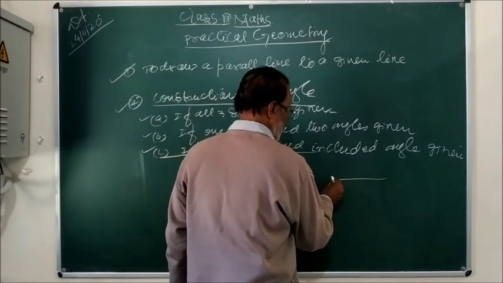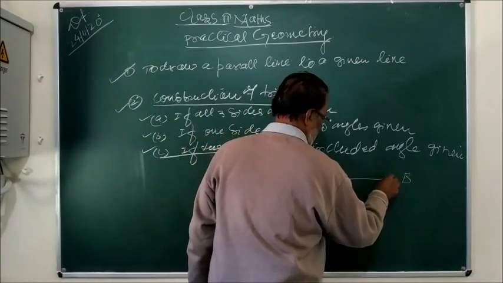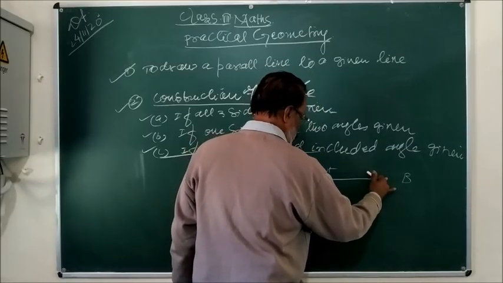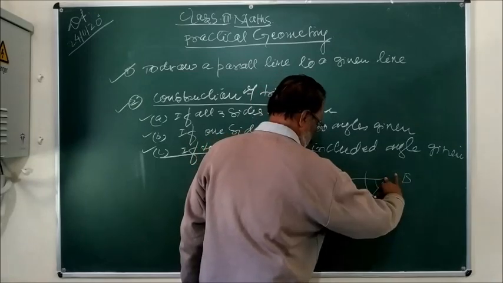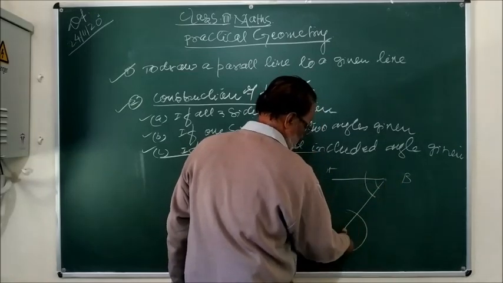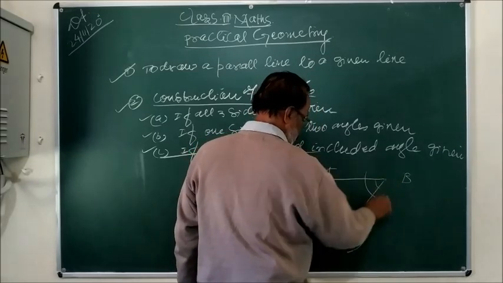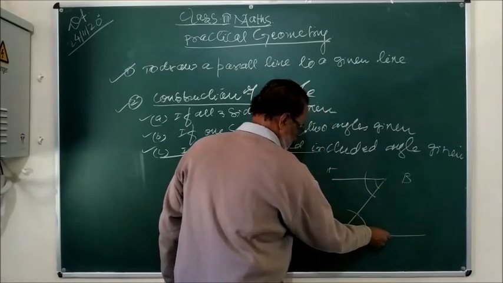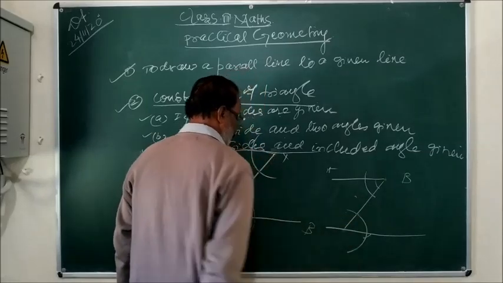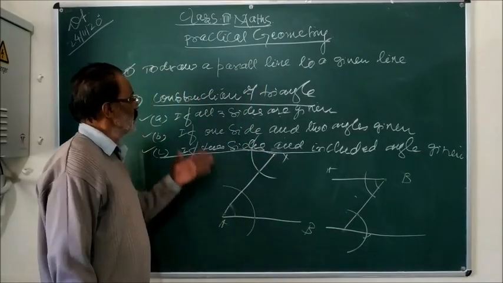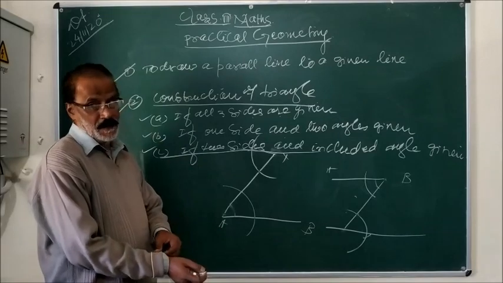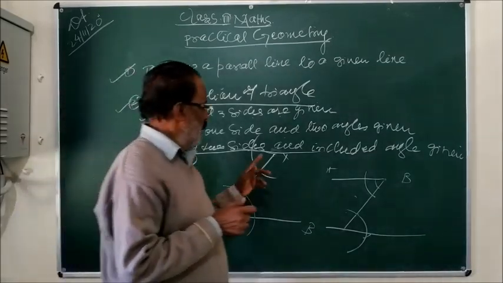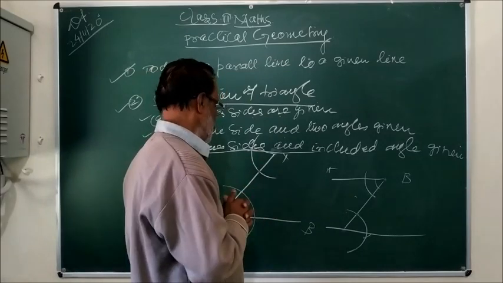Suppose this is the line AB. You make an acute angle here, equal to angle B. You make an equal angle here. You cut it. Now you cut this off, and if you join, this will be parallel. So this is the method to construct a parallel line. You will use a pair of compasses, and it is very simple.